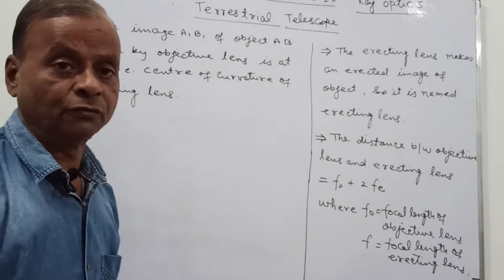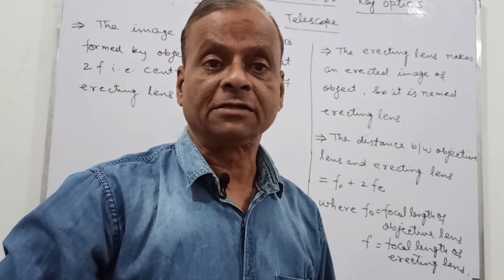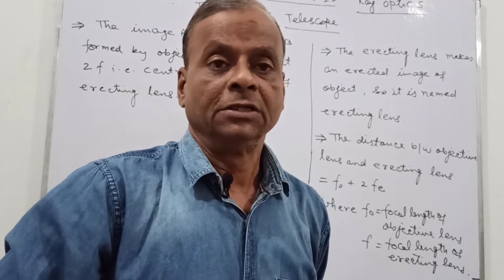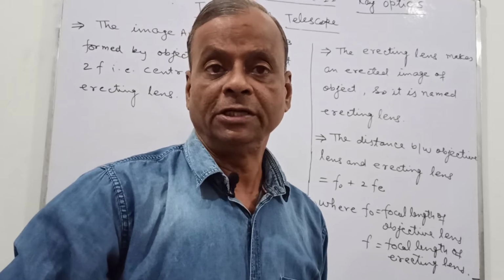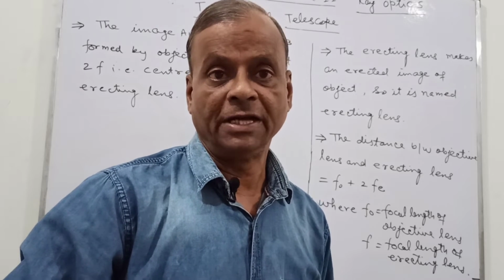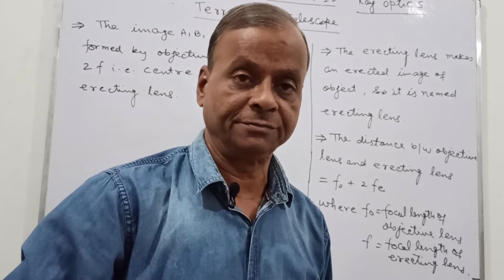And we know that when the object is at the center of curvature, the same kind of image is formed by the lens at the 2f on the other side.